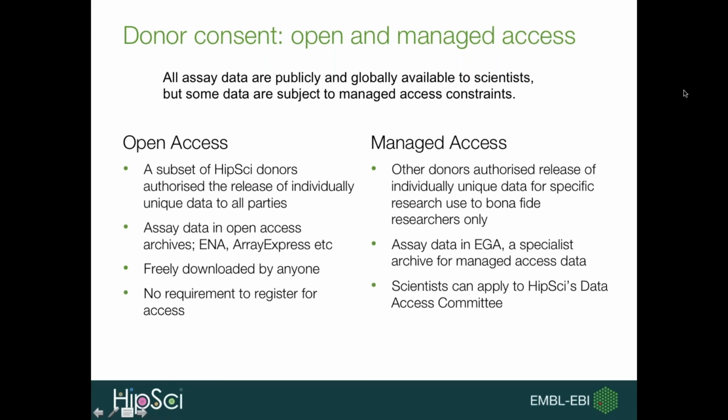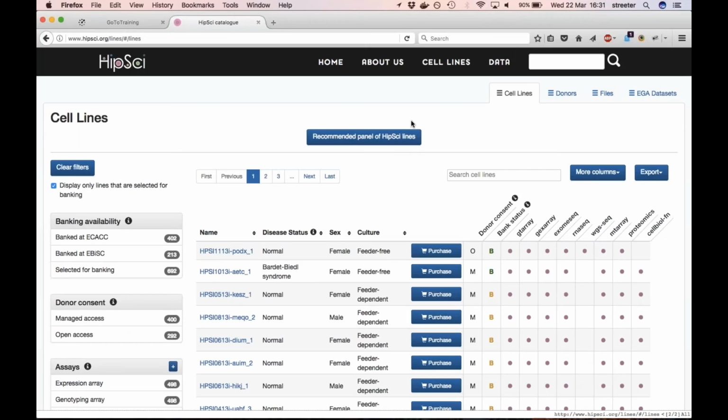Now I'm going to show you how you might download some open access data. I'm just going back to my web browser. Okay, so I'm back in the cell lines and data browser. I'm going to just point out that there's these 4 tabs up in the top. So far, everything we've been doing has been in the cell lines tab. We've been looking at the list of cell lines.